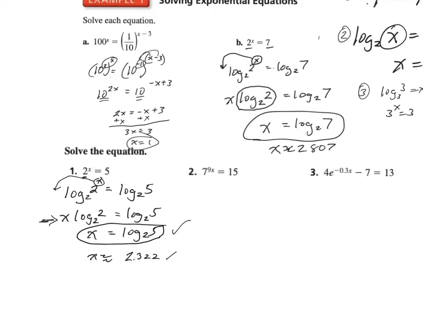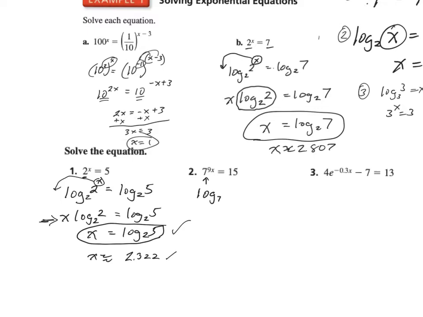Now, in the next question, we're going to do the same thing. But in this case, we're going to use the log base 7. Why is that? Because we want to match the log base to the base of the exponent that we're trying to solve the x for. Let me go ahead and get you started on this one because it looks a little weird.